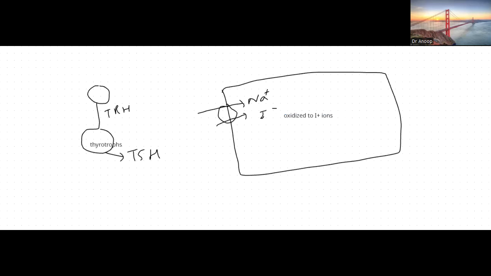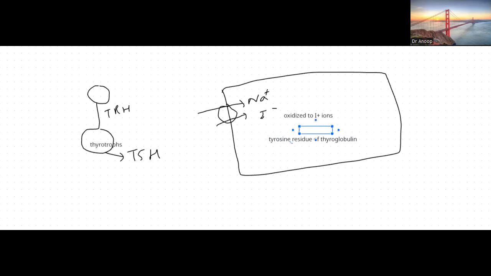So thyroglobulin is a protein, right? So these positive ions are going to combine with the tyrosine residue of thyroglobulin, right? I'm putting a plus sign.